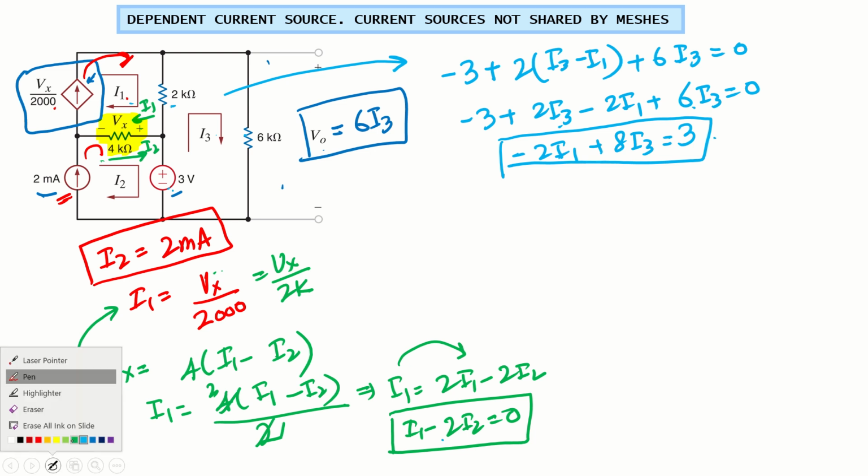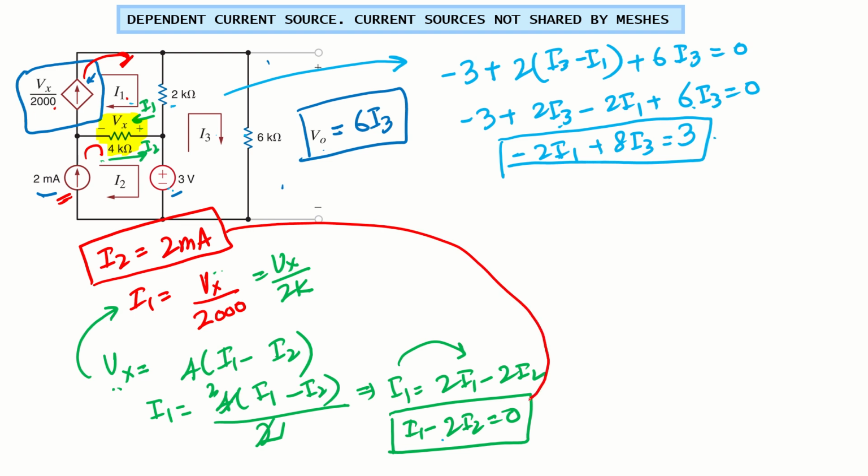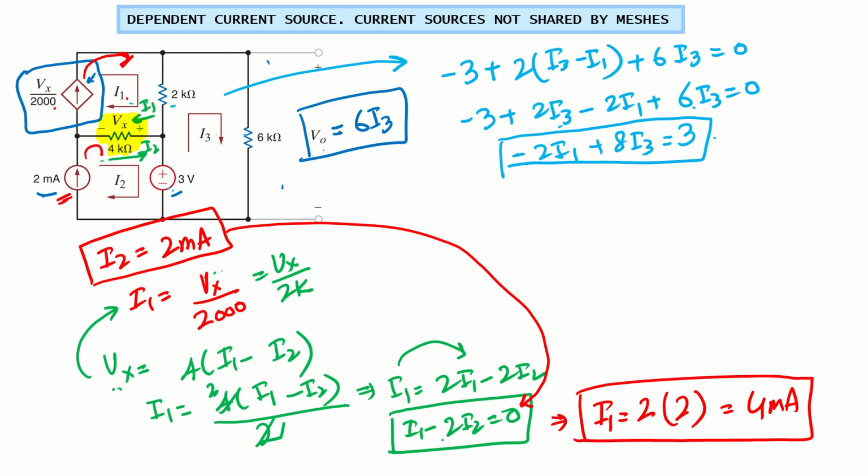In this equation we know the value of I2, so I can plug in that value here to simplify this one. That will give me the value of I1. I1 is 2 times I2, and what is I2? 2. So 2 times 2, 4 milliampere. Once we have this, we can plug it in here to get the value of I3.